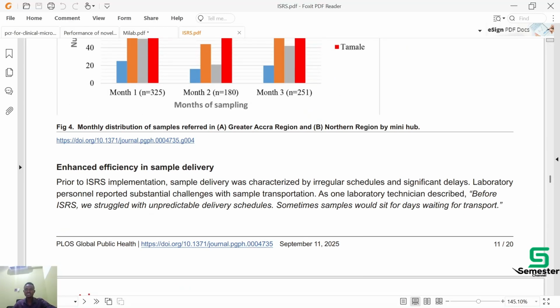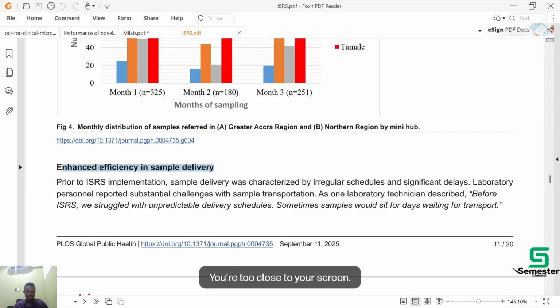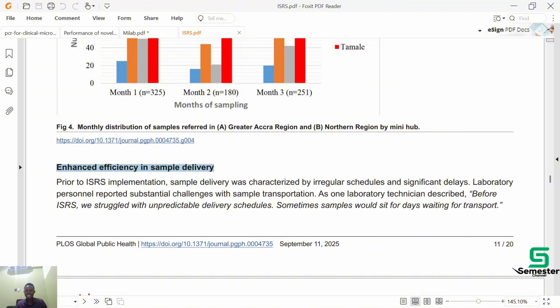So I mentioned that once you have your information, you code, you categorize them, you have a theme, right? For us, this is a theme we saw for one of them: after the whole study, they realized that there was an enhanced efficiency in sample delivery, right? So now we need evidence which is telling you that yes, actually this is a theme that popped up in the study.